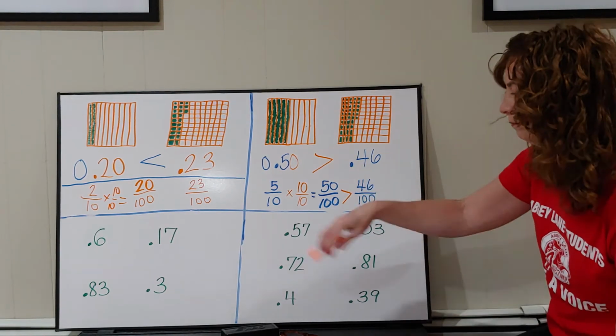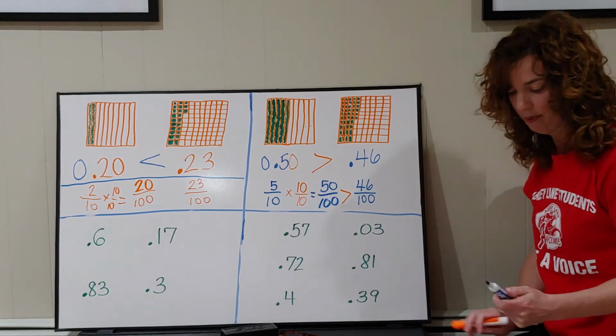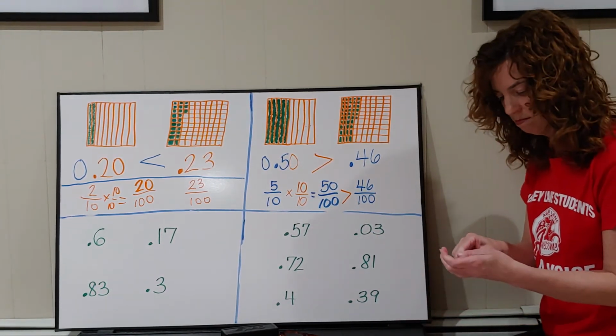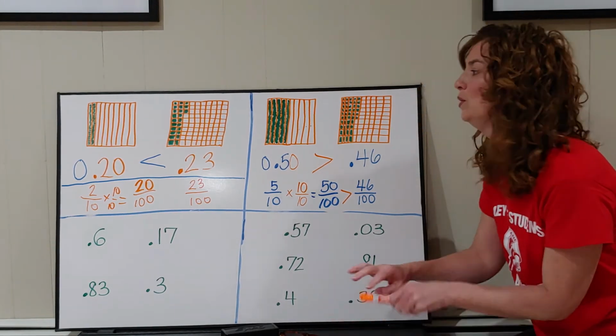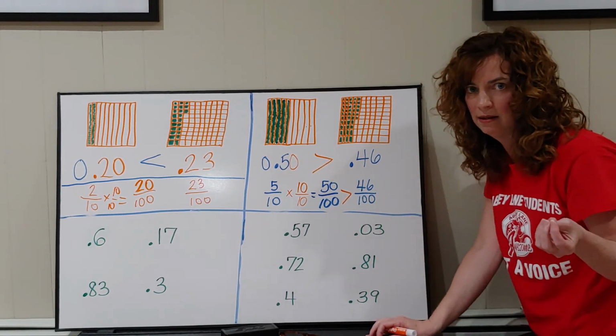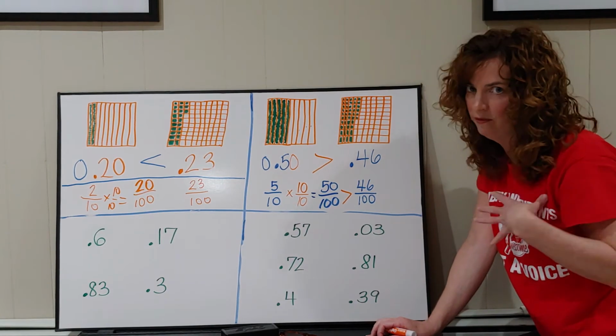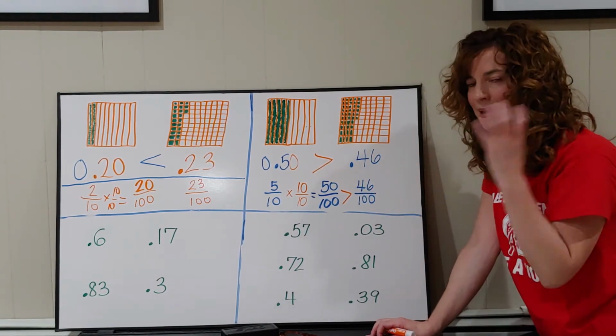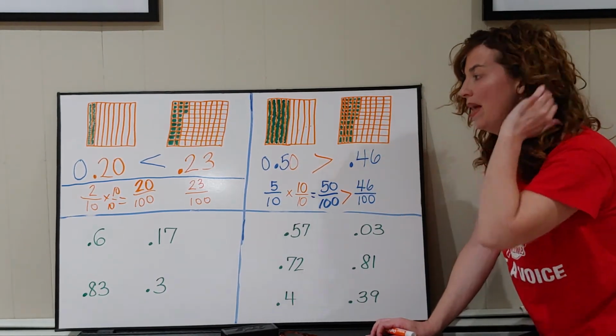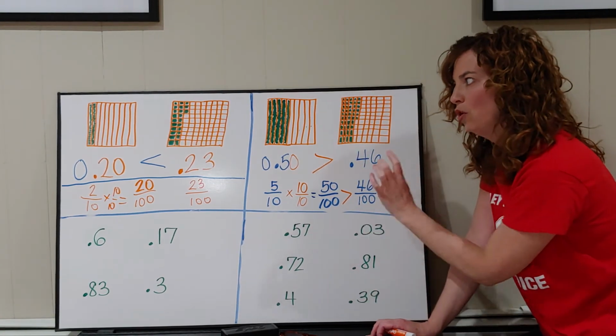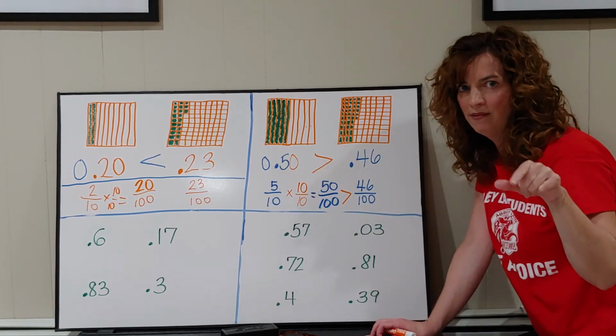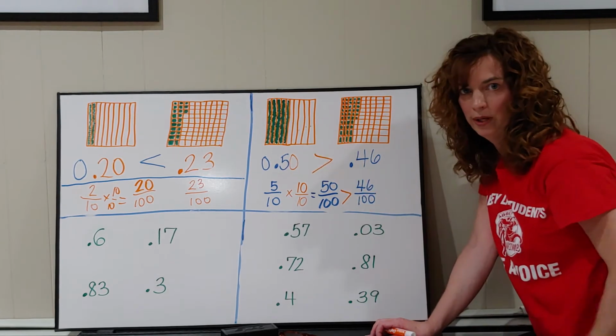Alrighty, so now I have some examples towards the bottom with no pictures, because first we do pictures, right, to really understand it, to get a visual, and you know I'm very visual. I like pictures. It makes sense to me to look at the pictures, and then we move on. So if you're stuck on this a little bit, stop the video here, rewind, and watch me do it again.